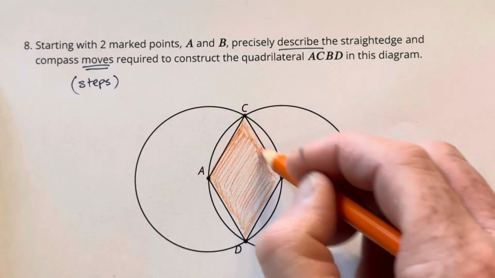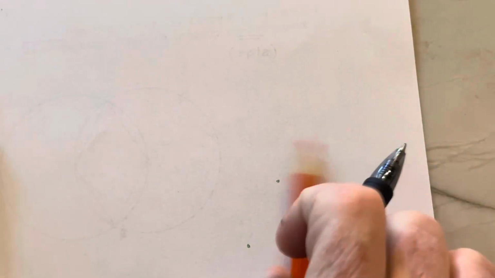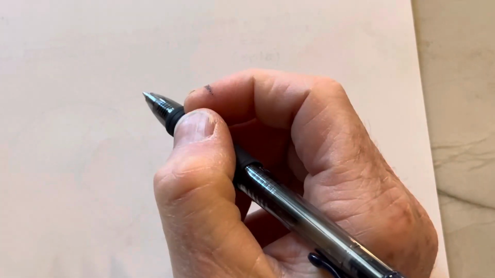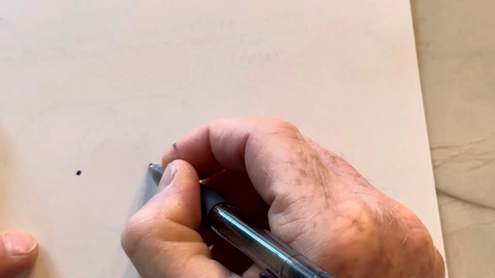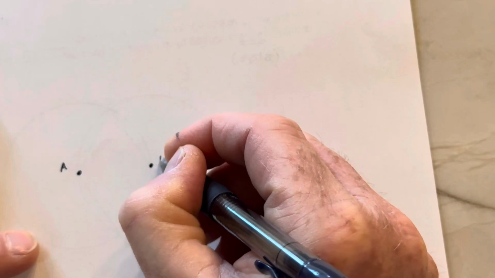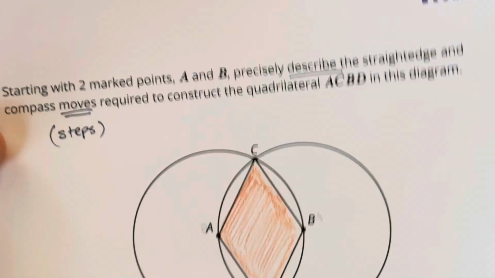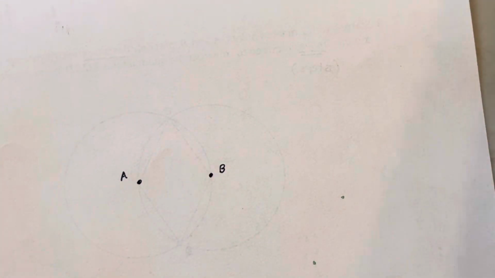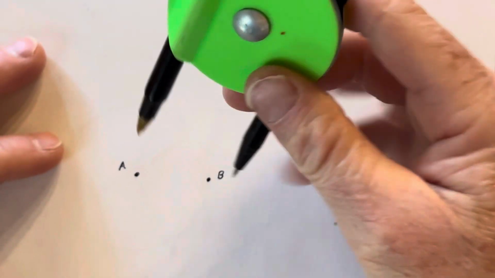Now, just for fun, I wanna do it. And I think I can if I just use these same points. I'll say A and B. That's what we're starting with, right? So let's do it real quick. So this is step 1.